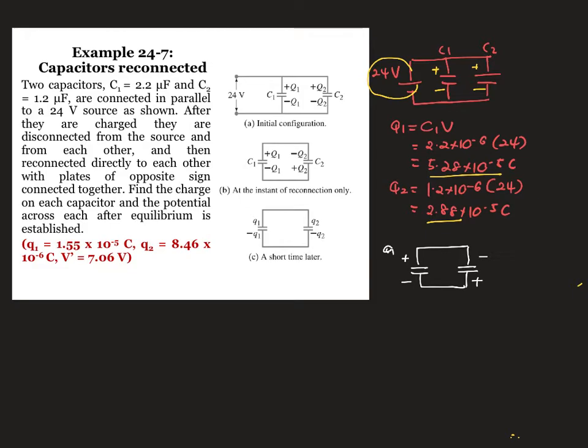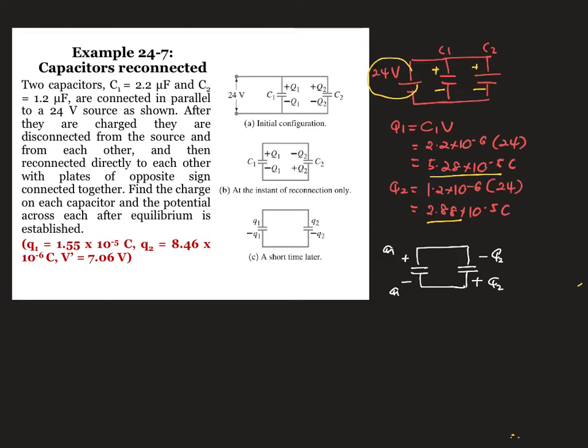This is Q1, and this is Q2. You need to understand that even though the capacitors are already disconnected from the battery, charge is going to move because of this difference in sign.